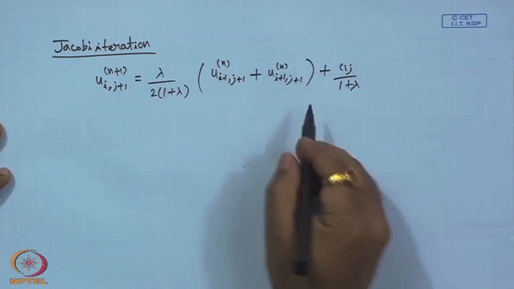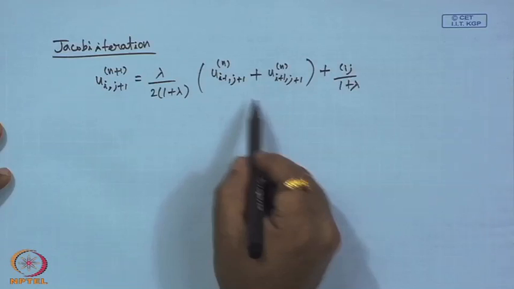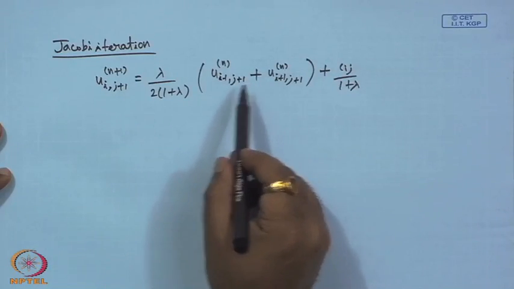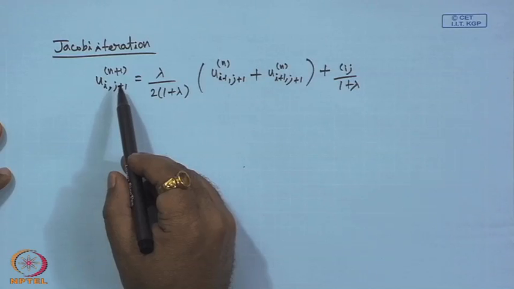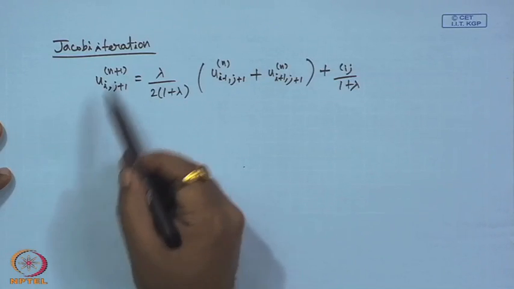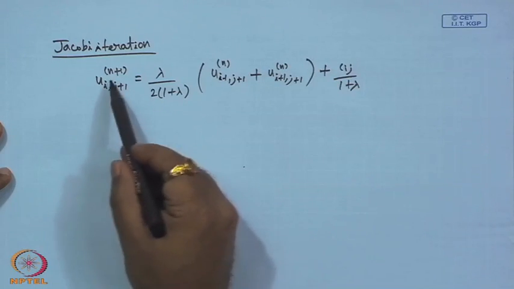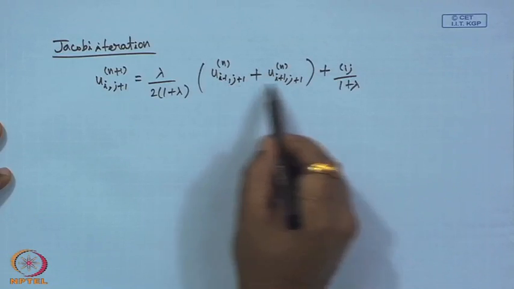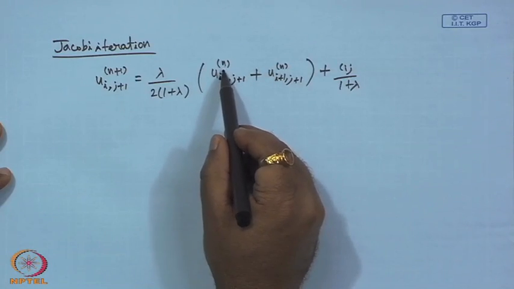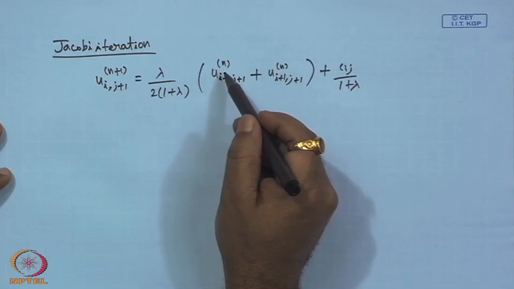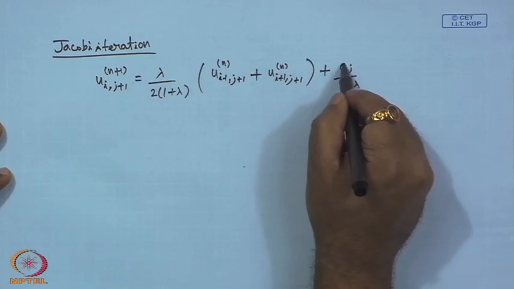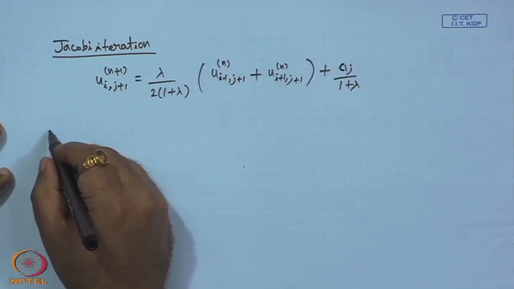So, that means given the values at the jth level, the latest is used to compute at the next iteration with respect to n. So, that means even at the j plus 1 time level, whatever is available from the previous iteration, we use them, and this is the standard Jacobi iteration.